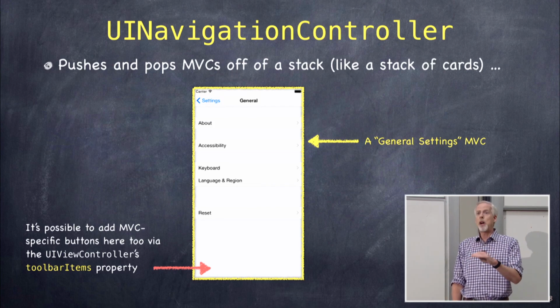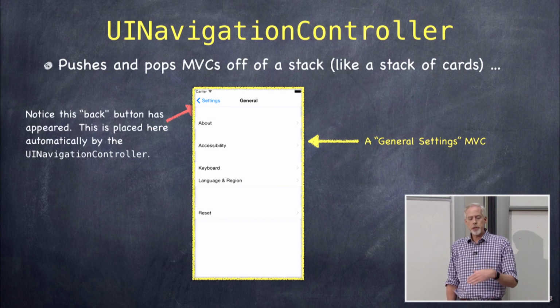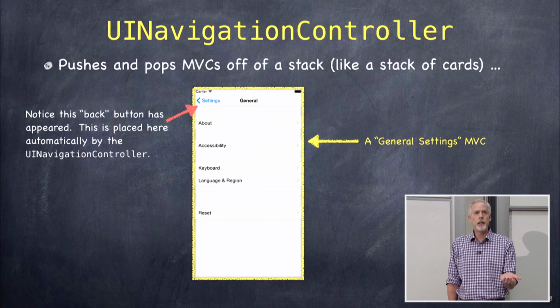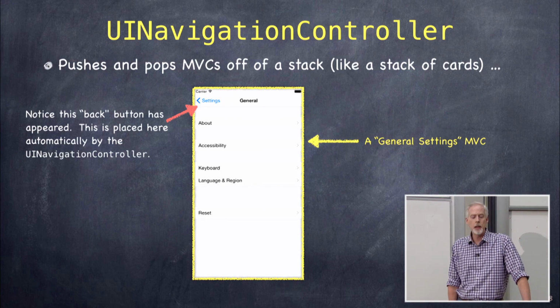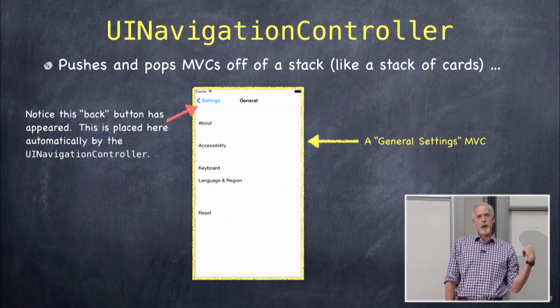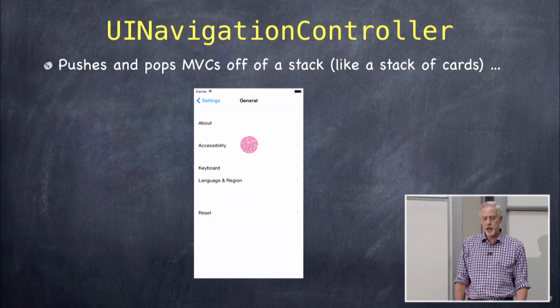So those toolbar items would come and go as new ones come on the stack. But also notice that when we have two things on there, a little back button appears in the upper left automatically. It even has the name of the one that's lower down on the stack of cards. And if you press that, of course, it's going to throw this card away, and we'll be back at the other card.